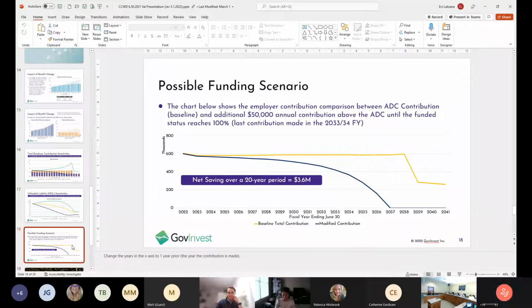So there is another possible funding scenario that you can do. One way is to put in some additional dollar amount on top of the ADC that we recommended.